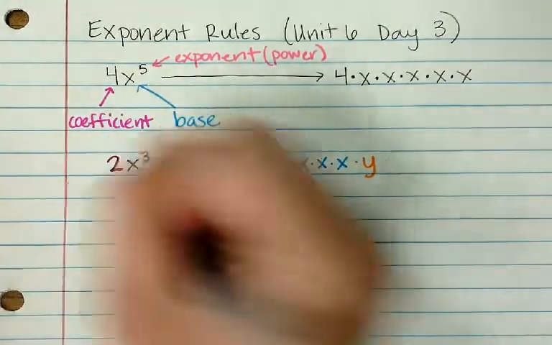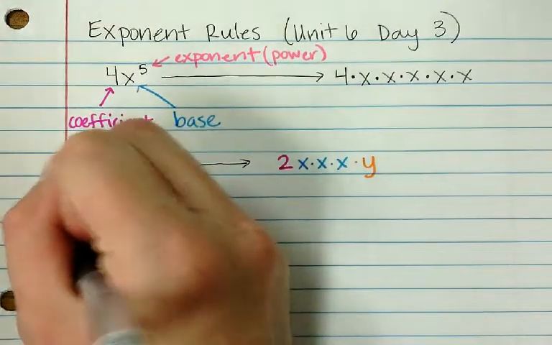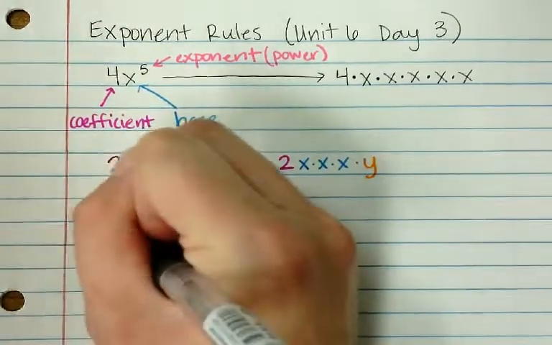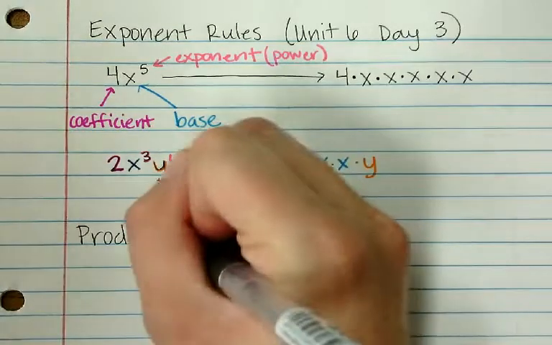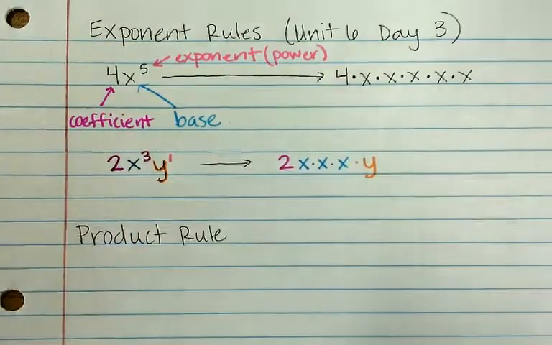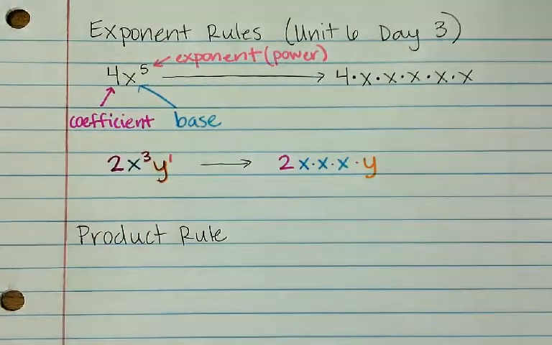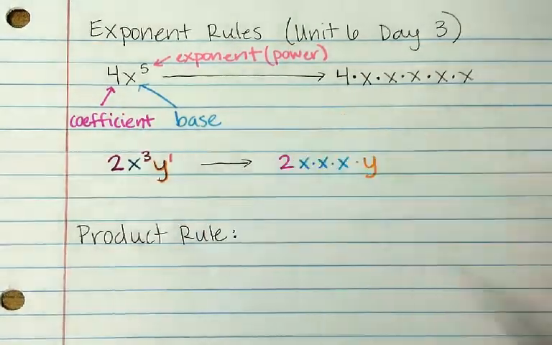So the first rule that we are going to come up with is the product rule, all right? And then sometimes, guys, this is also called multiplying your powers, all right? So it's the product rule. So this is when we are multiplying things together, all right? Now, here's the thing.